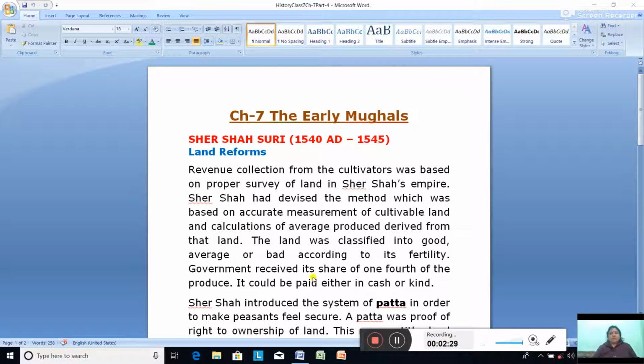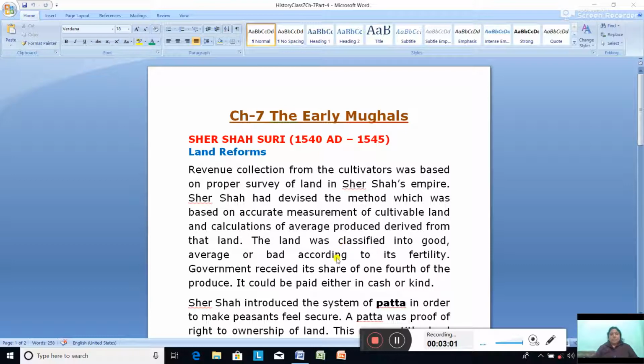Government received its share of one-fourth of the produce, which could be paid either in cash or kind. They used to calculate the average produce of that land, and the share of the government was received.